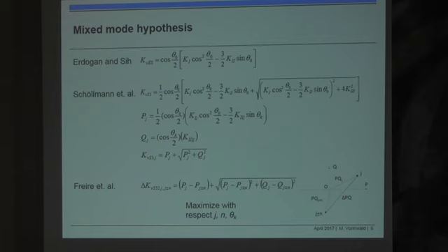In the original hypothesis, the mode mixity was constant during the cycles, however it is not the case in our investigation now. And the idea of José Freire was to extend the Schöllmann hypothesis in a certain way. In order to do that, you can introduce some abbreviations which are written here and rewrite the Schöllmann criteria like this.